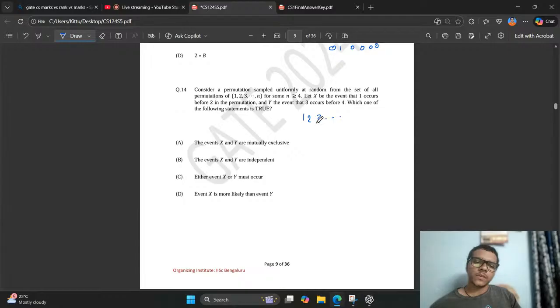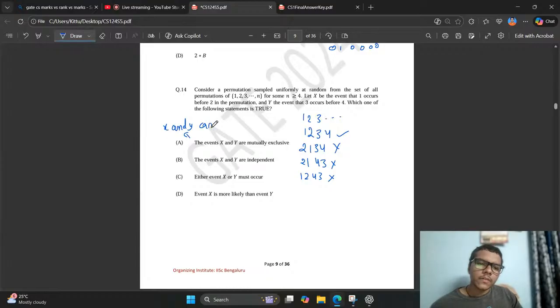So numbers are right. So 1, 2, 3, 4 valid. 2, 1, 3, 4 invalid. 2, 1, 4, 3 invalid. 1, 2, 4, 3 invalid. Okay. So not mutually exclusive. X and Y can happen together.